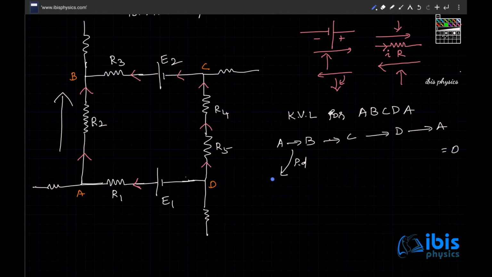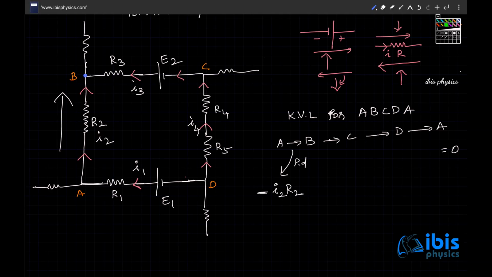When there is a potential drop, let us assume it to be minus. Let us say this current is I1, this current is I2, this current is I3, this current is I4. I2 is through R2, and because you go from A to B and the current is also going from A to B, there is a potential drop. Then it is minus I2 R2.